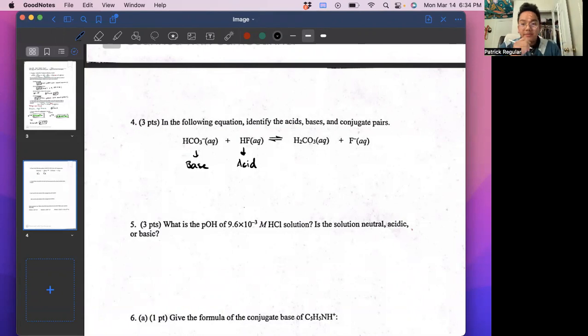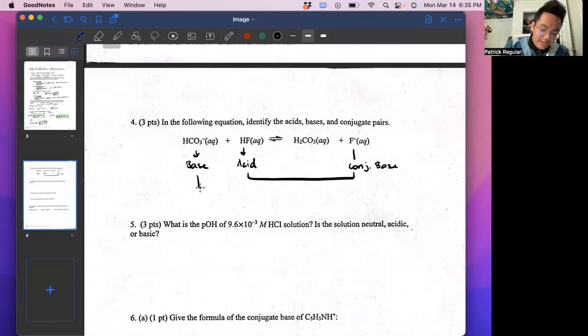And from our labeling, we can just do the opposite. So our acid, when it's deprotonated, will become your conjugate base. And this is because, in the reverse reaction, F minus, your anion, will be the one that's protonated and thus act as the proton acceptor.